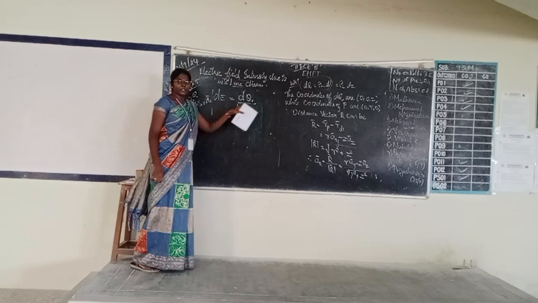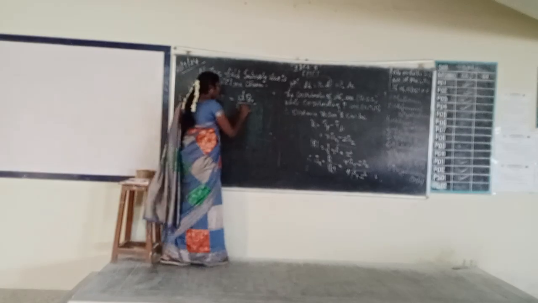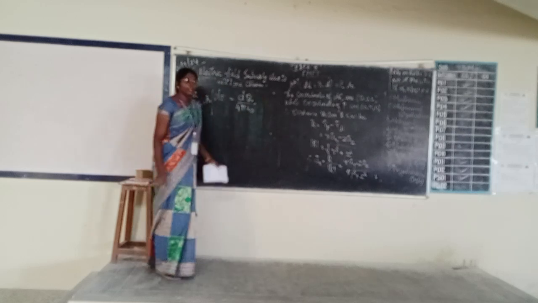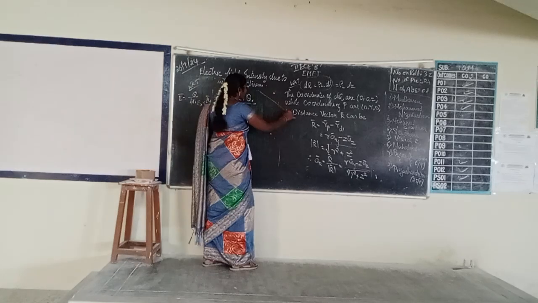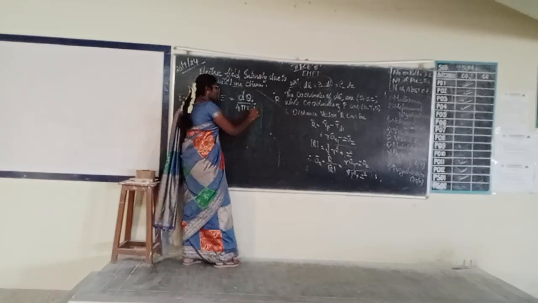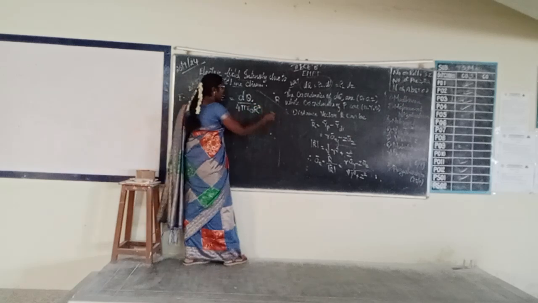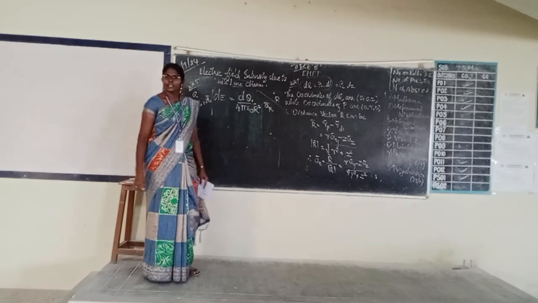Now with respect to our application, it is dE equal to dQ divided by 4 pi epsilon naught r square. What is our r here? What is the distance? The distance which is taken as the R vector, right? So the distance here is capital R square, into the unit vector a_R vector. Clear up to this?